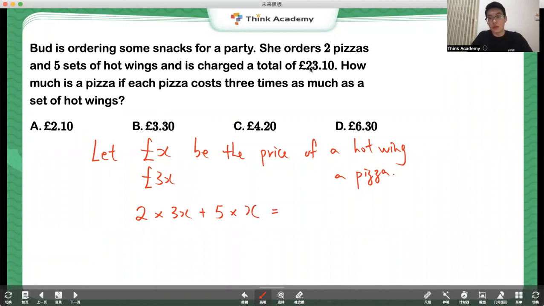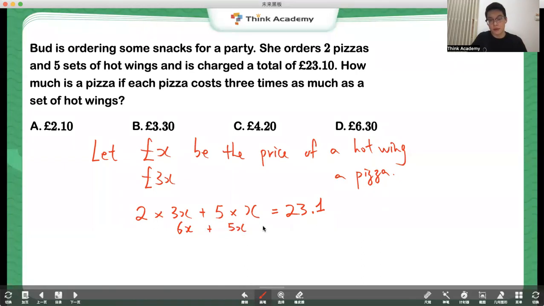And that's a total of £23.10, which as a number we just write as 23.1. Now on the left-hand side, I can see many numbers that I can operate. 2 times 3x, which means 2 times 3 times x, is 6x. 5 times x is just 5x.